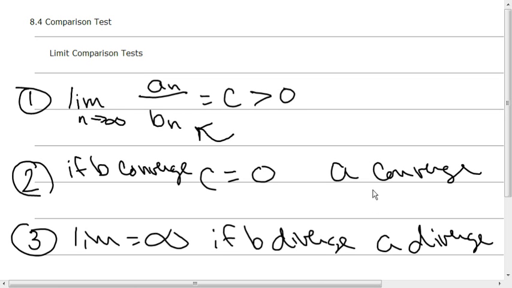Okay, so the actual usefulness of this might become a little more clear if we work examples 2 and 3.